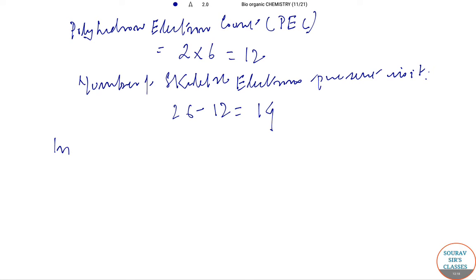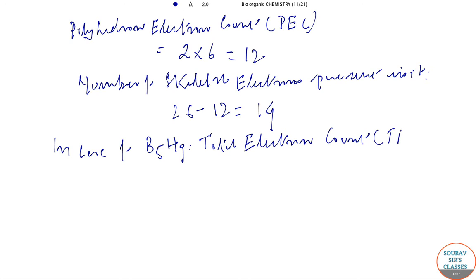In case of B5H9, total electron count, that is your TEC, 3 into 5 plus 1 into 9, and that is equal to 24.